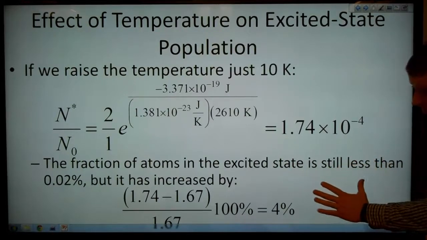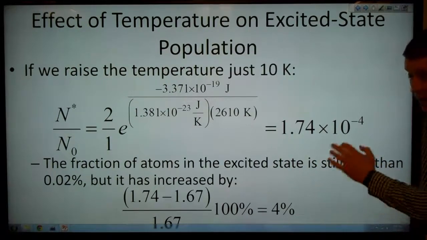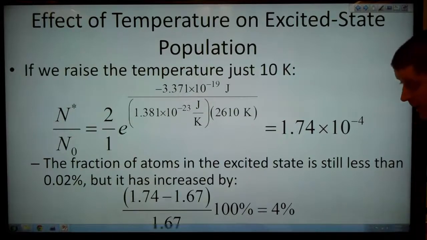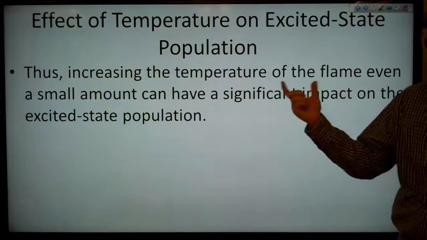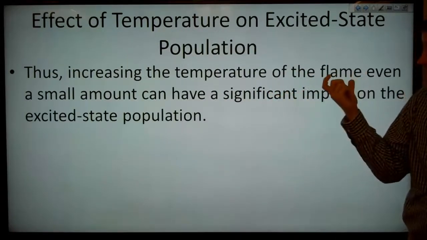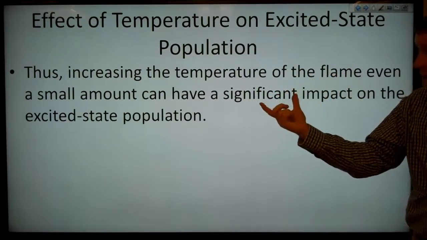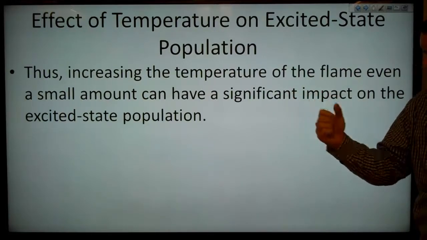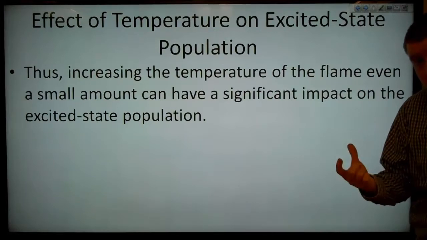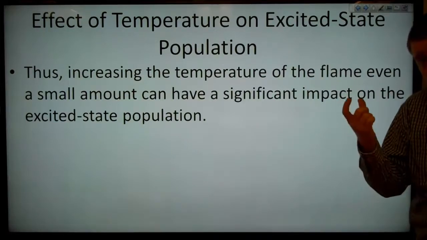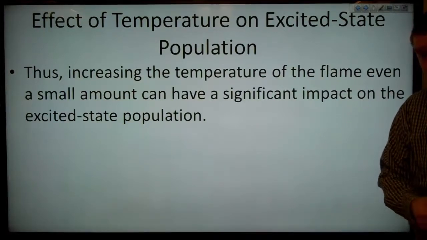And the fraction of atoms in the excited state is still less than 0.02%, but it's increased by 4%. And this means that increasing the temperature of the flame, even a small amount, just 10 degrees, can have a significant impact on the excited state population. So changing that flame temperature by 10 kelvin can alter our signal seen by 4%.